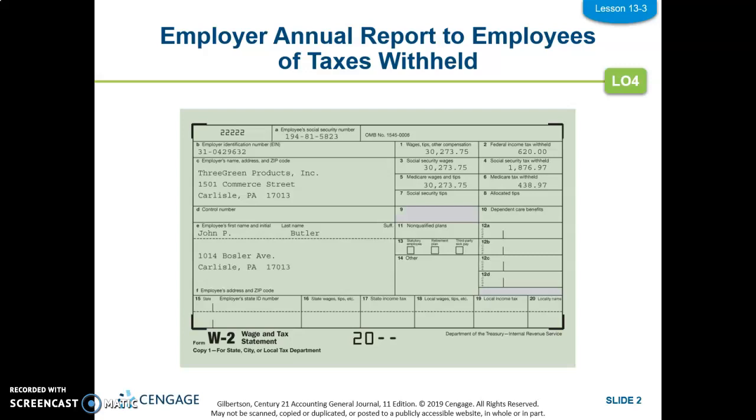Copy C also goes to the employee so that they can keep it for their personal records. Copy D is for the employer to keep with their business records. So 4 copies of it. That is the W-2, wage and tax statement.